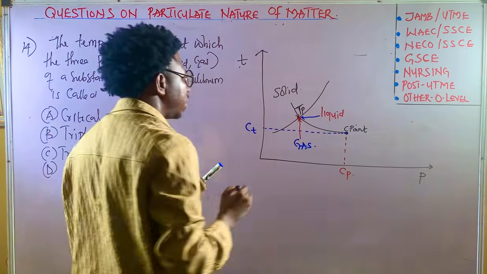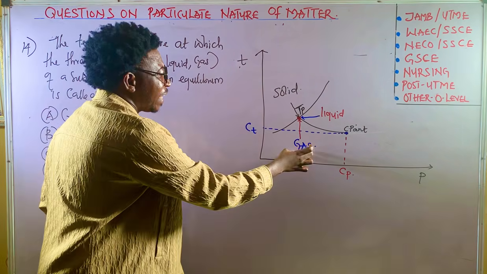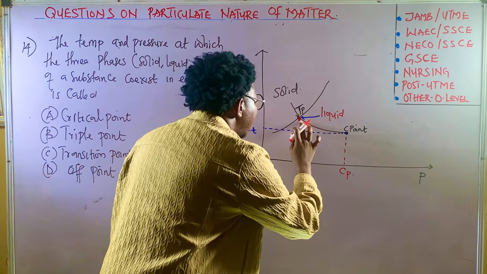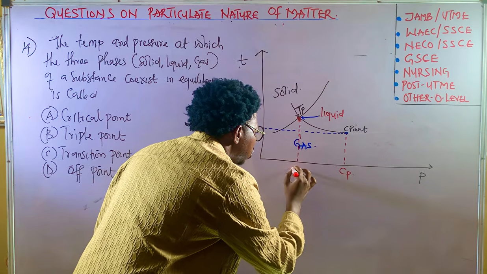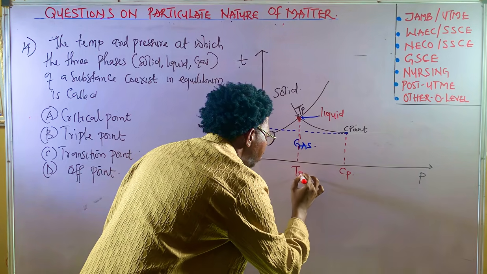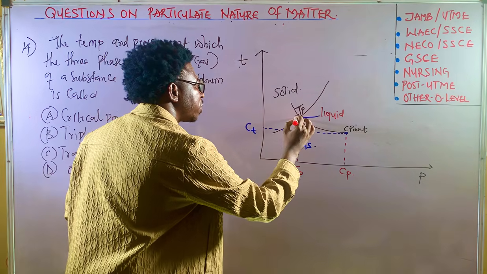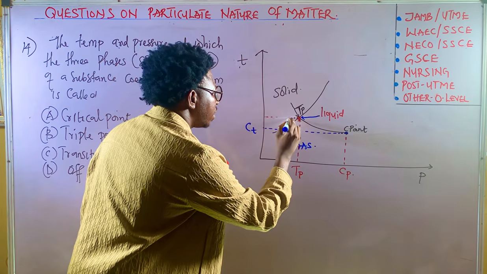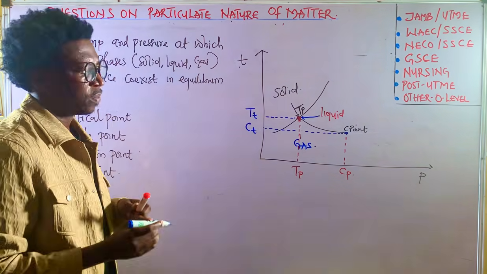Triple point is the point at which the solid, the liquid, and the gas phase of a substance coexist. If I trace it down, this is the triple point pressure. If I trace it to the temperature axis, this is the triple point temperature.